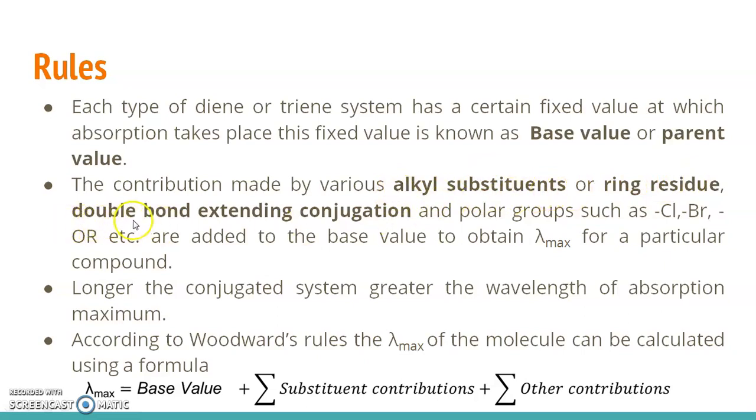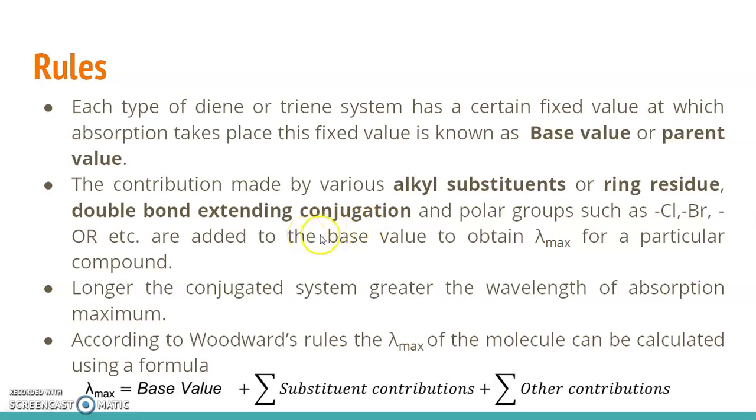And also there is some contribution made by the double bond extending conjugation. What we mean by double bond extending conjugation is this: we know that two double bonds separated by a single bond are already conjugated. If a third double bond is separated from one of the original pair of double bonds by a single bond, the three double bonds represent an extended conjugation.